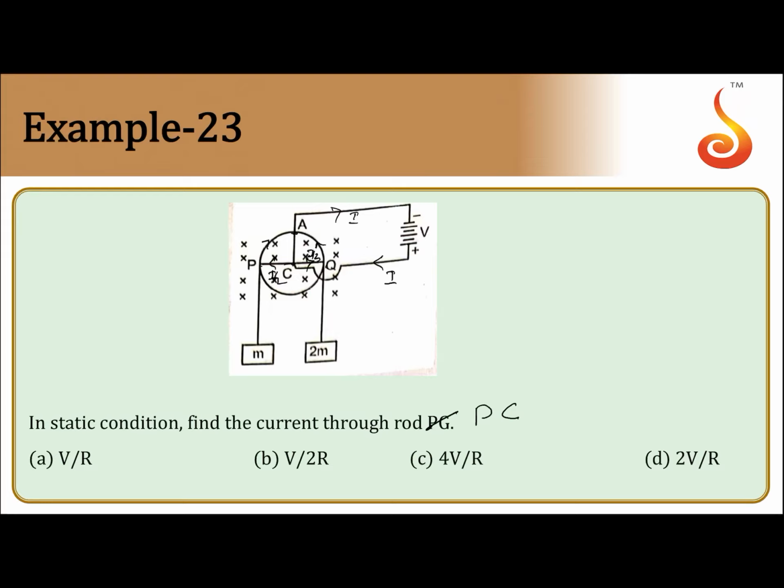As far as total current is concerned, one more thing we can notice that PC and CQ are joined in parallel, so the resistance is R by 2.